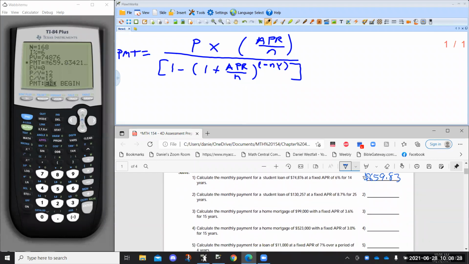This is a 25-year loan now at 8.7%, and present value of the loan is $130,257, and we want to pay it off in 25 years.